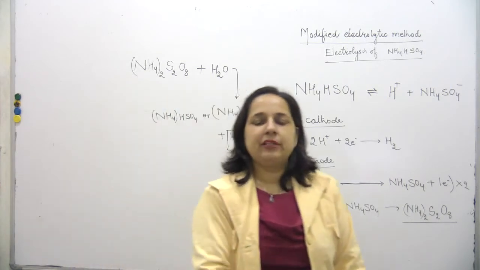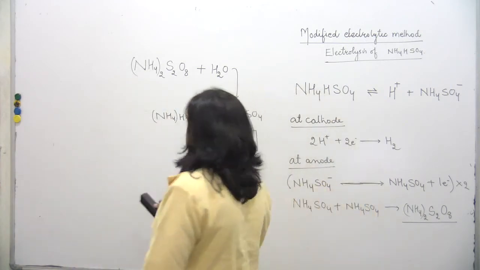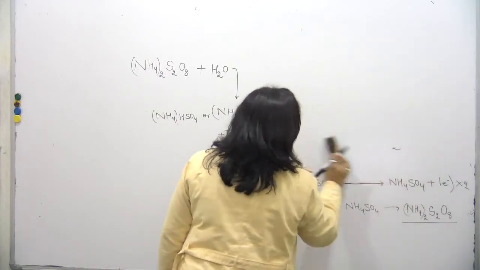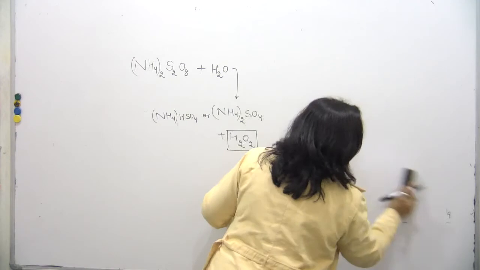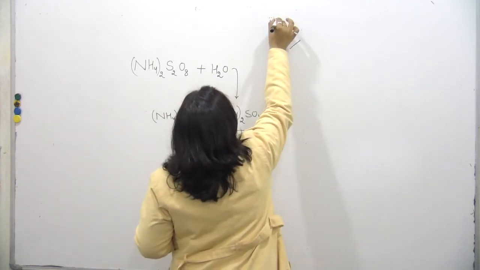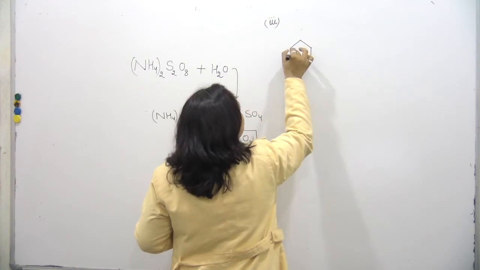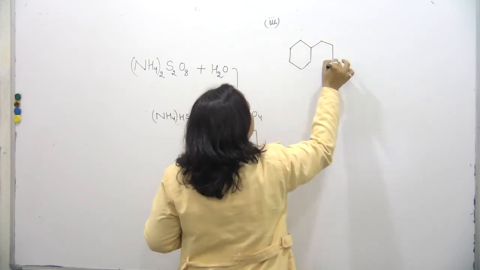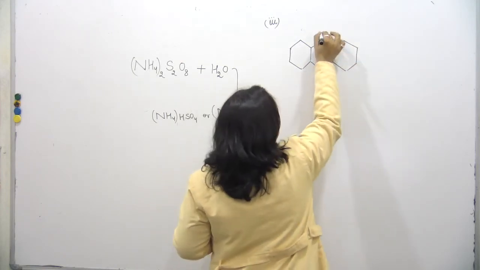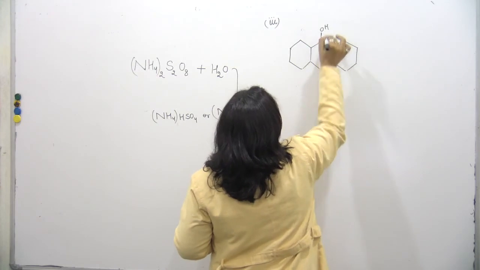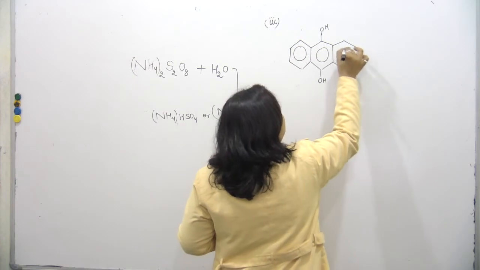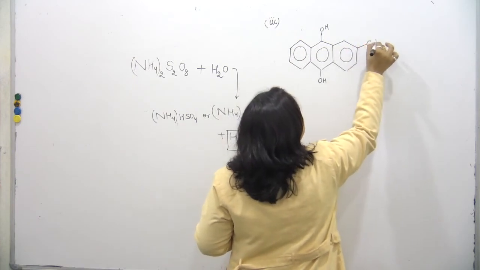Now, next, the third method of preparation, again a manufacturing, large scale preparation, of hydrogen peroxide. It is by using a reaction of ethyl anthraquinol.